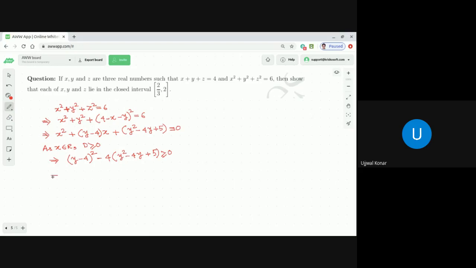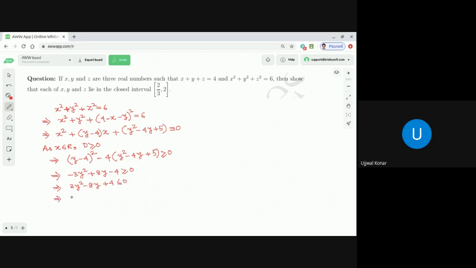If you simplify it further, dear students, you will get minus 3y square plus 8y minus 4 is greater than or equal to 0. And always try to make the coefficient of y square positive. So 3y square minus 8y plus 4 is less than or equal to 0.